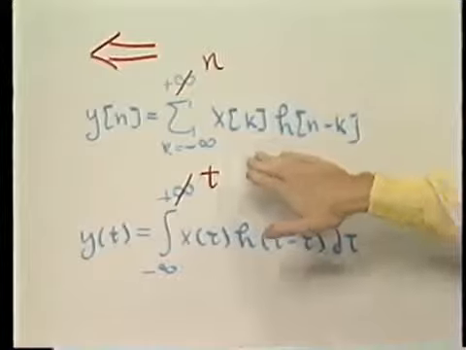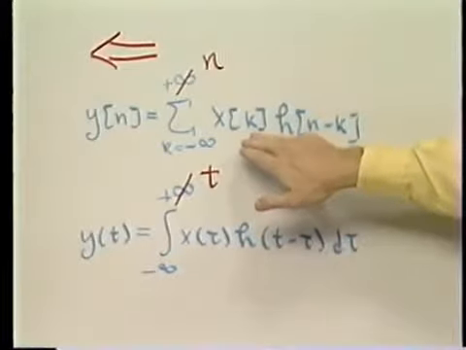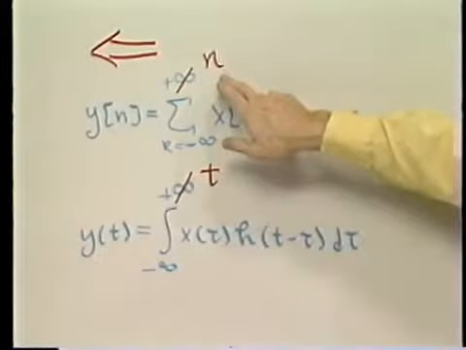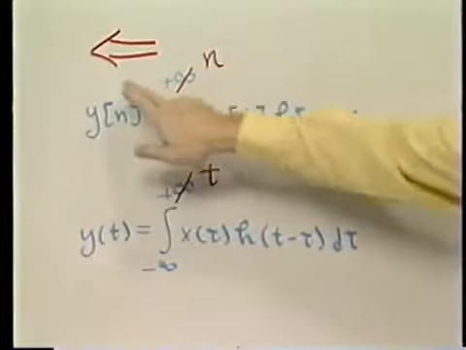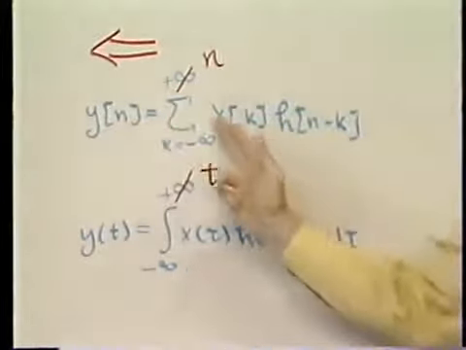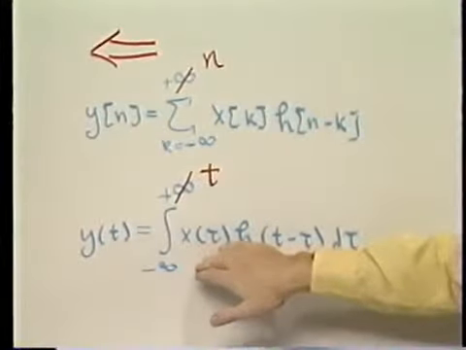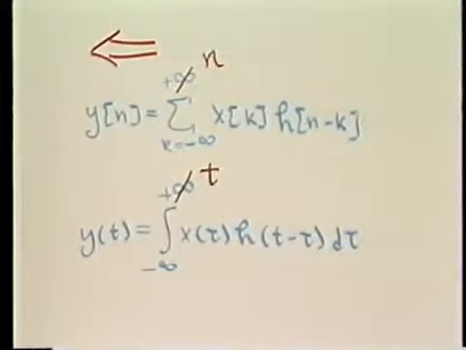That, in effect, says that values of the input only from minus infinity up to time n are used in computing y of n, and a similar kind of result for the continuous time case y of t.